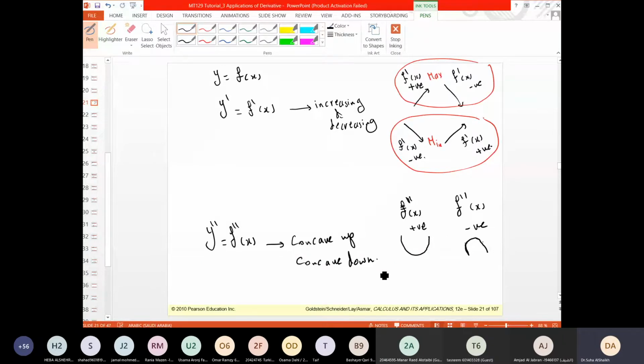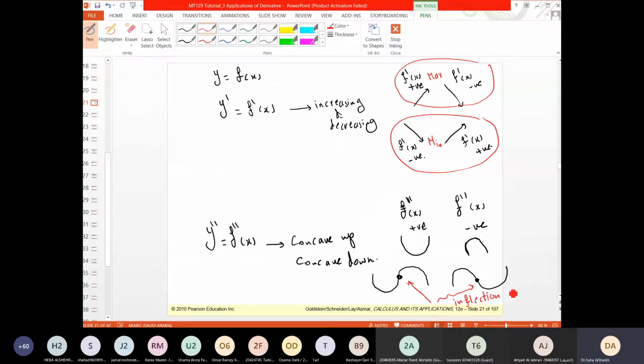If the function changed from being concave up to concave down, or it was concave down and it changed to be concave up, in this case, what do I call this point here? This point and this point, what do I call them? I call it inflection.